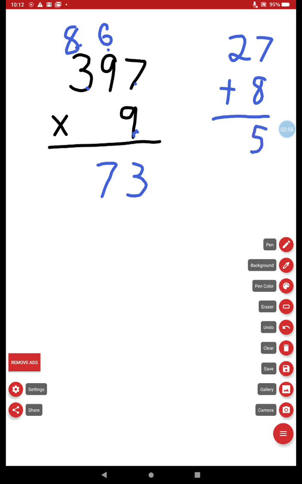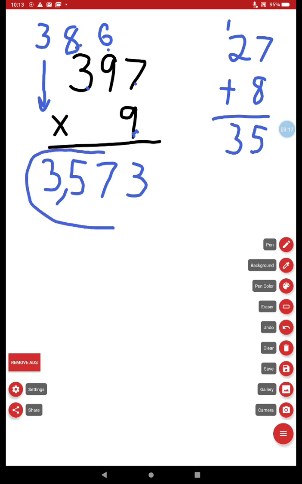Carry the 1. 1 plus 2 is 3, so 35. Is there anywhere to carry the 3 over here? No, there's nothing there, so it falls down and just goes down here. And I can put my comma after 3 digits. So 397 times 9 gets me 3,573. All right, let's do another example.